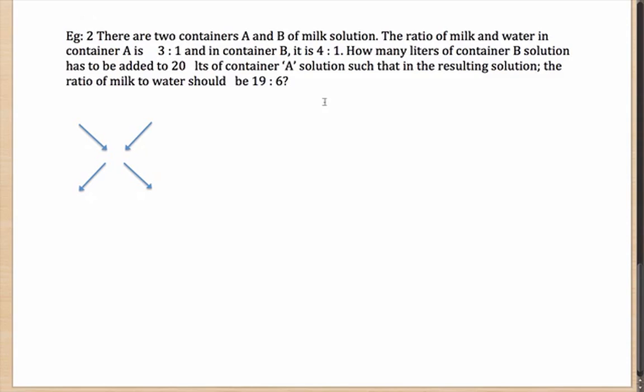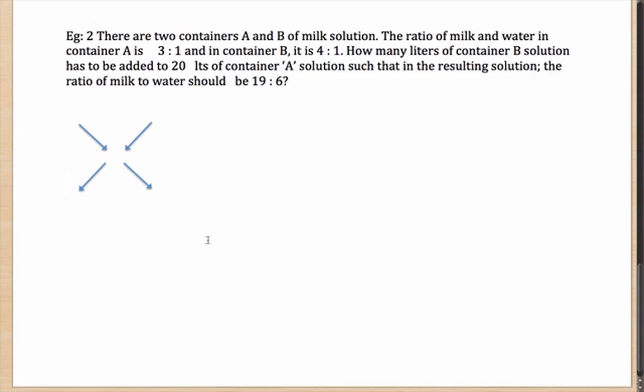Well, that is the problem. Essentially, container A has milk and water in the ratio of 3:1, B has it in the ratio of 4:1. You want to mix them and get the ratio of 19:6. You have 20 liters of container A and you have to find out the quantity of container B required.